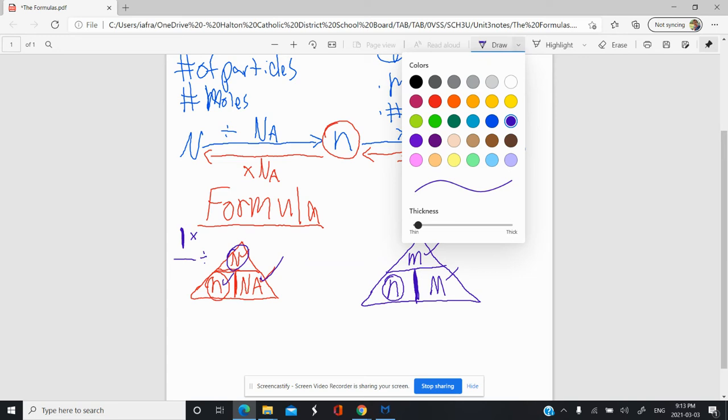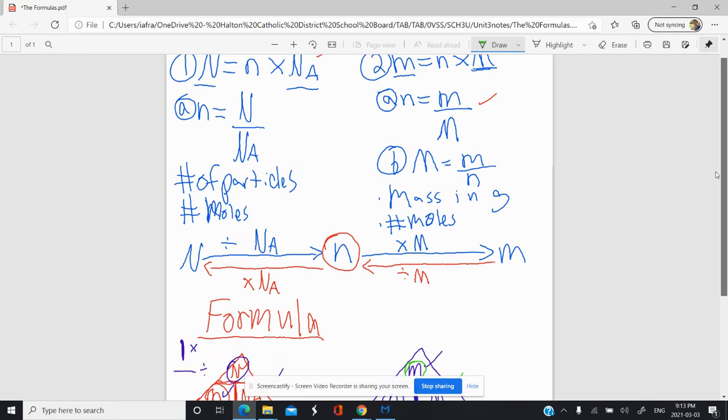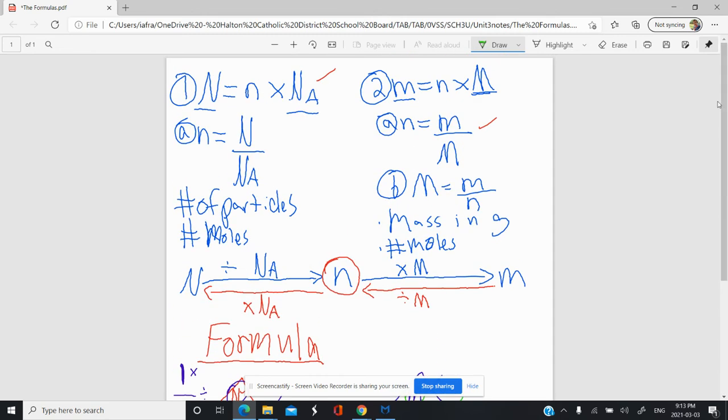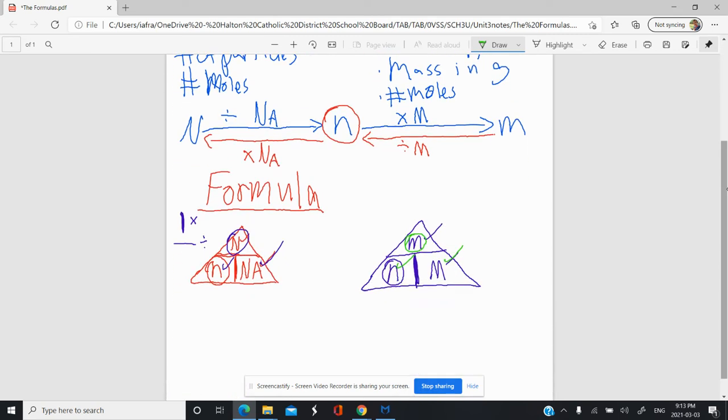If you want to find mass, that's moles times molar mass. And so you can use those triangles to help you to remember the formulas. It's best to probably just remember these two formulas and then derive them, and then you know how to work backwards and forwards from particles to mass.